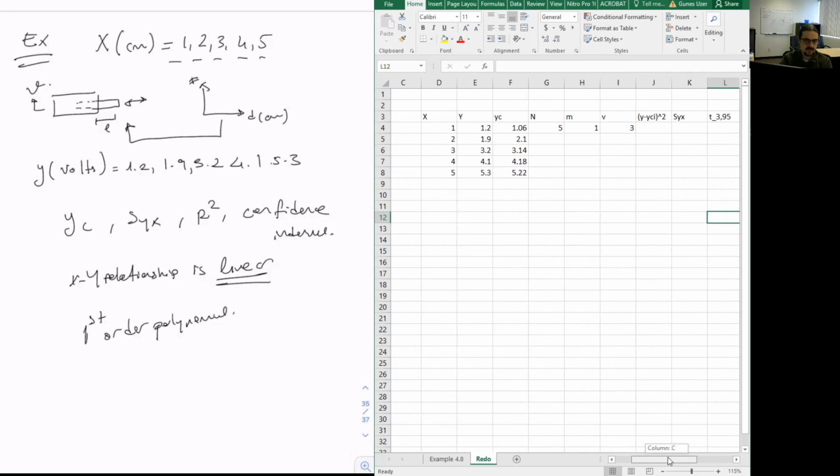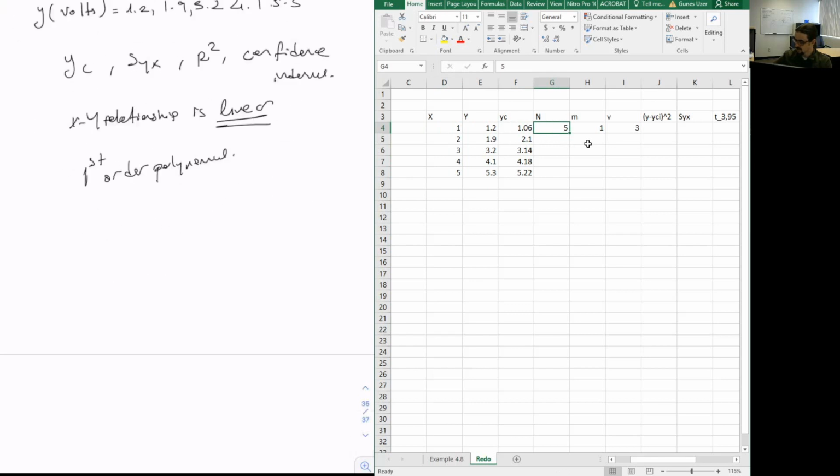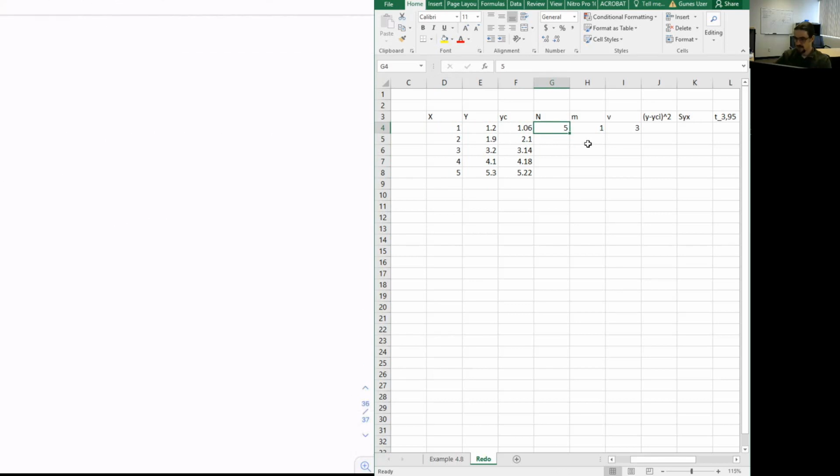What we'll do is that we have 5 points of xy, so that means n is 5. I'll also write that on the left here. Our n is equal to 5. That makes sense. Our order of the polynomial is going to be 1.